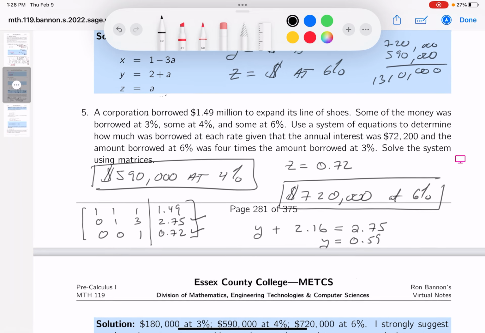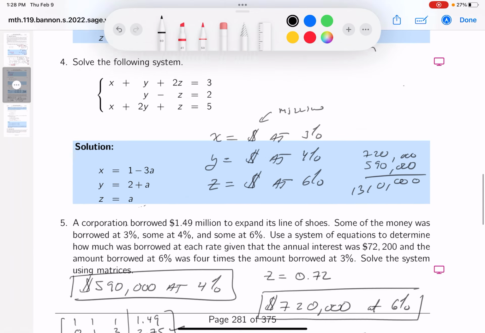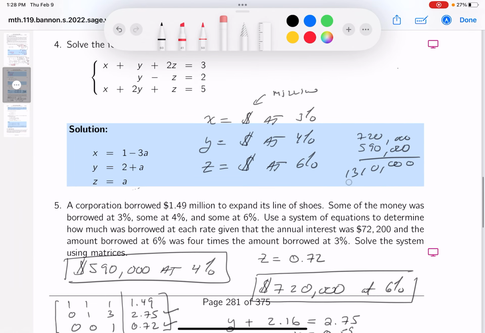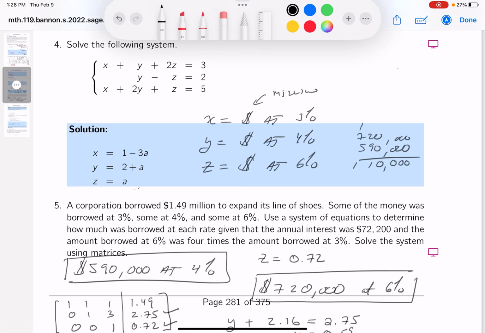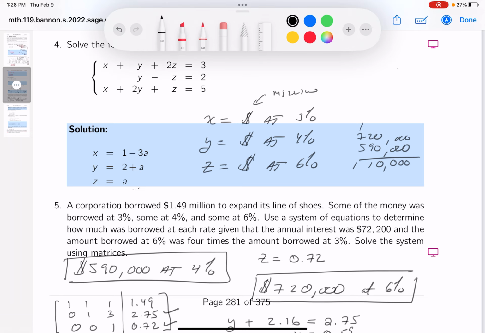I see it now. Get my eraser out. It's just sloppiness. It's the commas really that are sloppy. 9 and 2 is 11. Let's see, 8, 13, right? So 1.310, right? And they got 1.49.